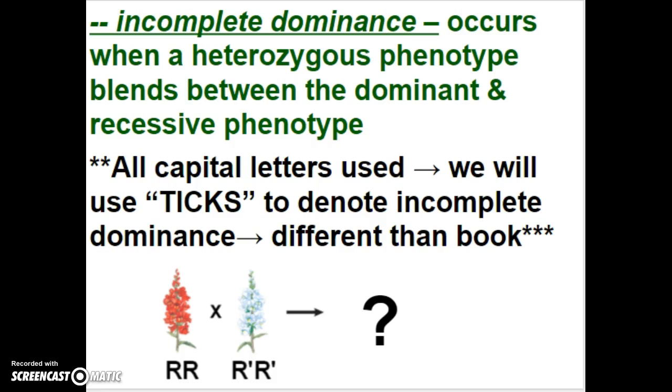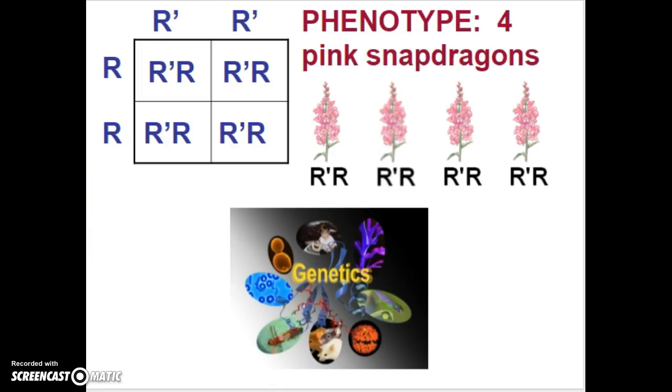So red and white should make pink. So for the monohybrid square, you can see one R, the plain R, goes in one box, and the R tick parent goes up along the upper part. So we have R, R tick, which will mean that that's a blending, and that's how you'll know that that's incomplete dominance for problems.